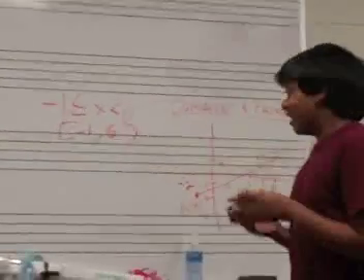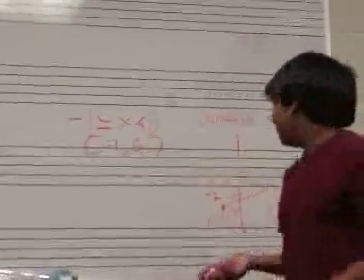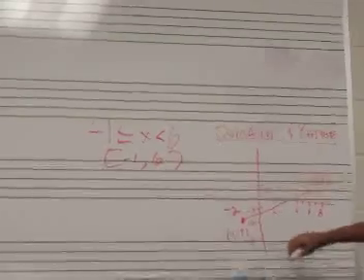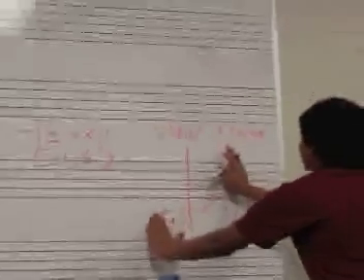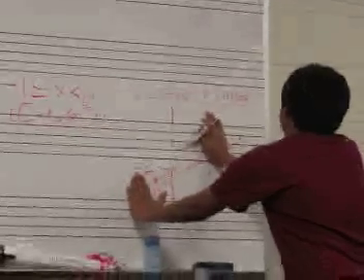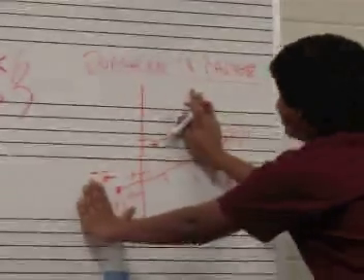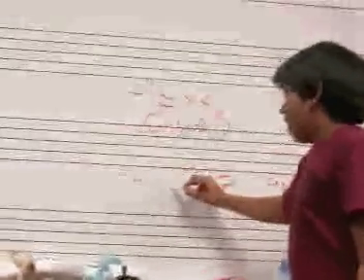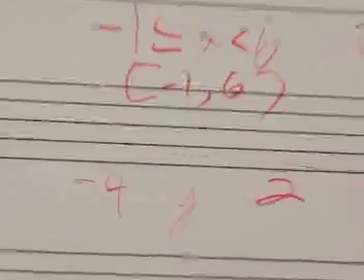Okay, class, next we will be going over range. Range is all the possible y values. So we cover up the x's, and we have -2, -4, and 2. -4 and 2, with the y in the middle, because it's all the possible y values.